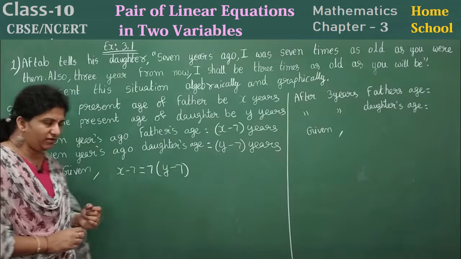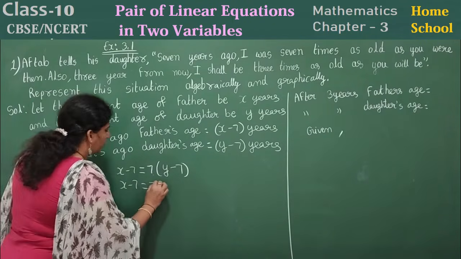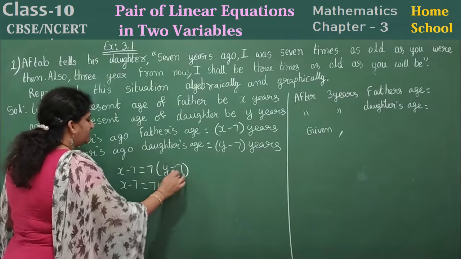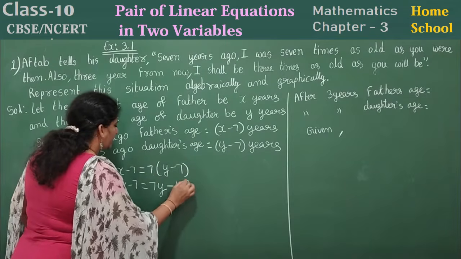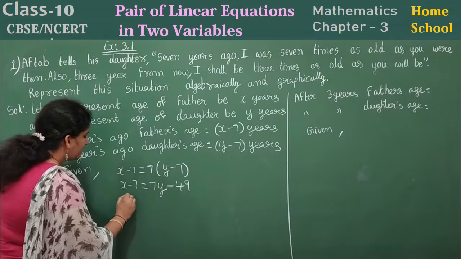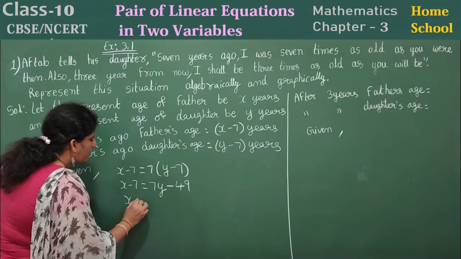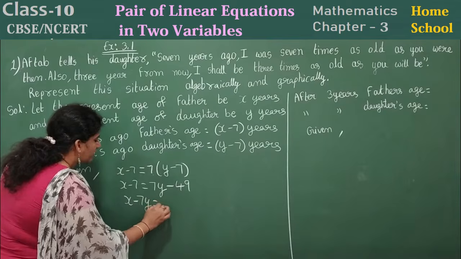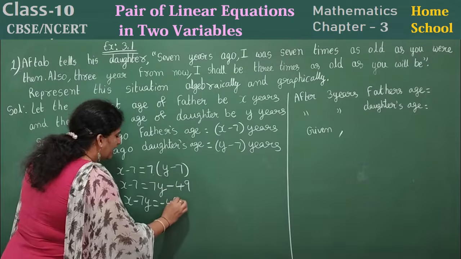You are going to get one equation. X minus 7 is equal to 7 into Y, 7Y, plus into minus, minus, 7 sevens are 49. Okay, bring this variable to this side. X, if 7Y comes this side, it becomes minus 7Y, is equal to minus 49.